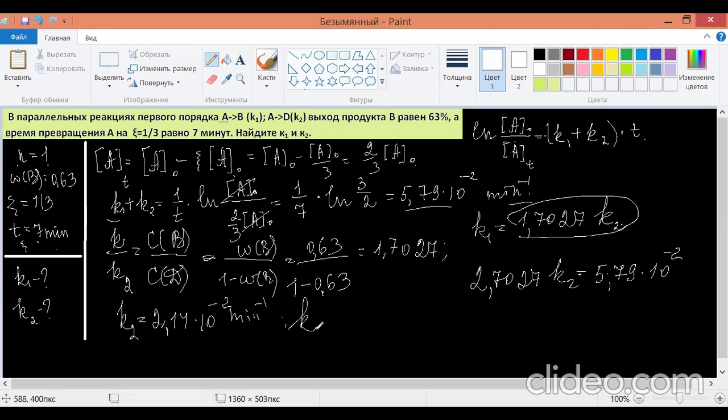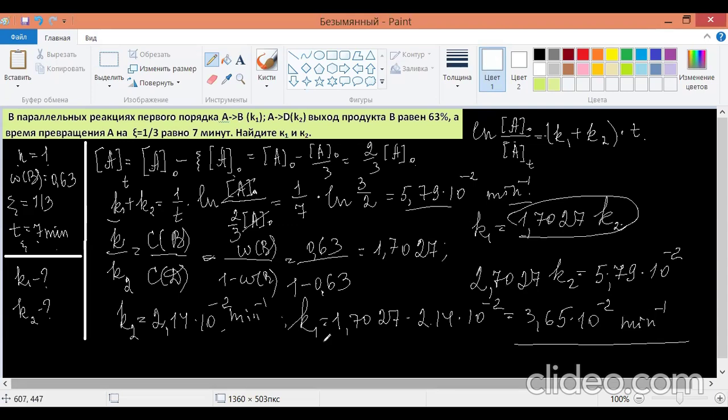Okay, and for K1 we should multiply 1.7027 by this value, 2.14 times 10 raised to minus 2, and we got roughly 3.65 times 10 raised to minus 2 minutes raised to minus 1. So these are the answers to this problem.